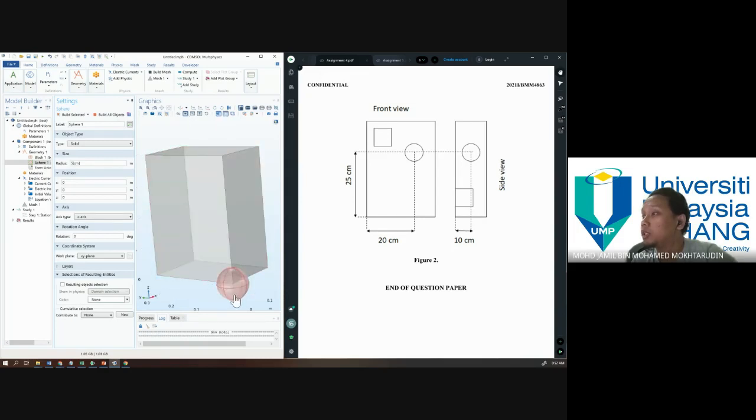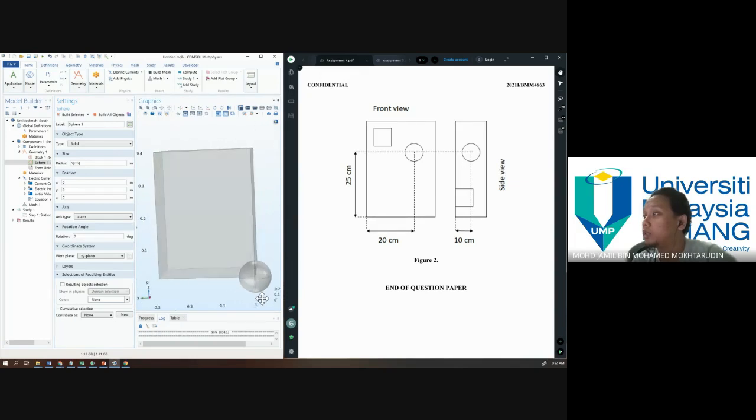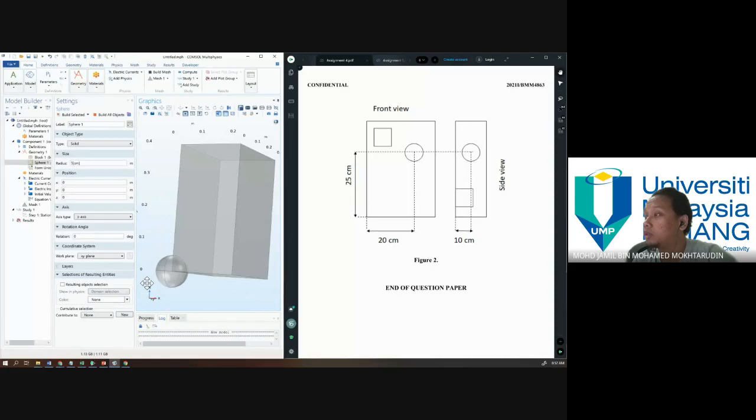So the position is originally here. So you need to move it 20 cm from origin in the y direction.